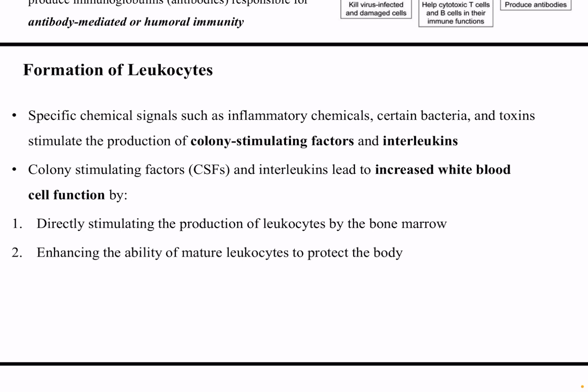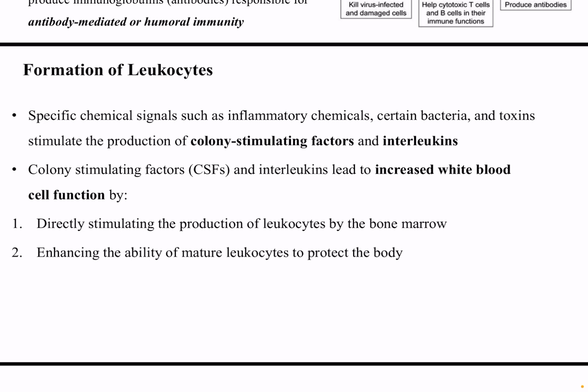Here we have two mediators which act to differentiate the hematopoietic stem cell into white blood cells. These are the colony stimulating factor and interleukins. Both of these substances are produced, or their concentration increases in the blood, upon exposure of the subject to a foreign body, like microorganisms, whatever they are, parasites or viruses or bacteria.